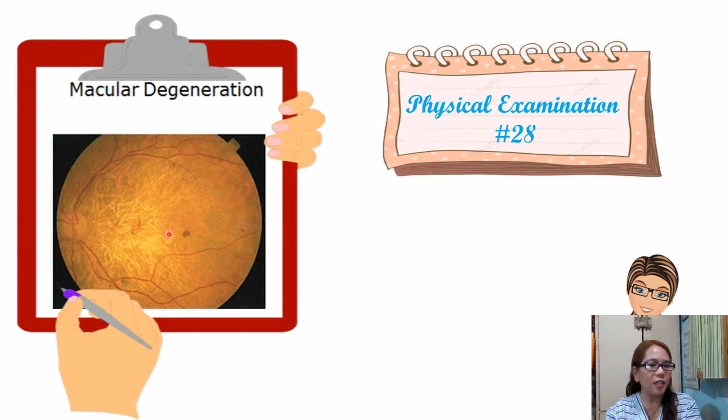This is a medical condition which may result in blurred or no vision in the center of the visual field. Kasi diba, yung macula, siya yung responsible for the central vision. Early on there are often no symptoms, wala namang symptoms, but over time, some people experience a gradual worsening of vision that may affect one or could affect both eyes.